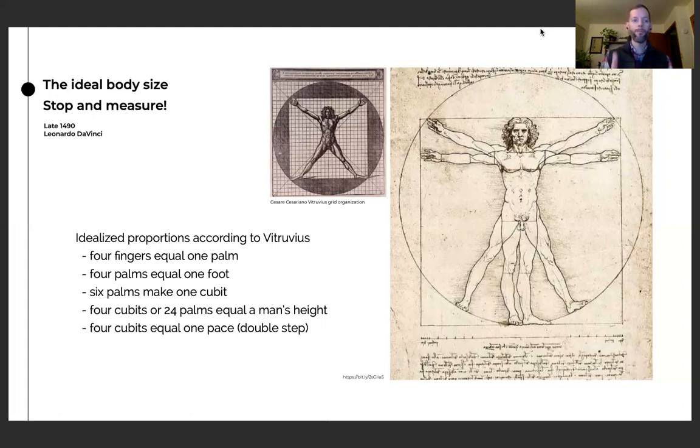So pause the video, find a ruler, measure your fingers, and then write down the measurements for your palm: 1 foot, 1 cubit, your height, and then 1 pace. And when you do that, see if those measurements are actually correct. We'll talk about it in class. So go ahead, pause the video and do some measuring.